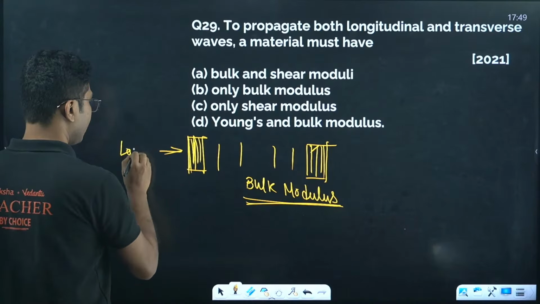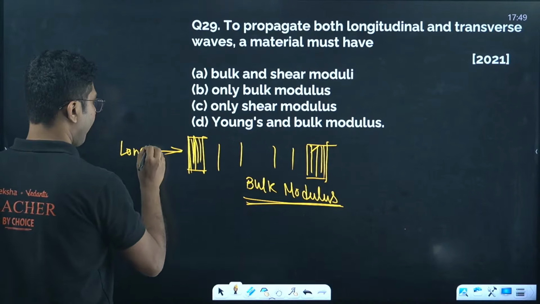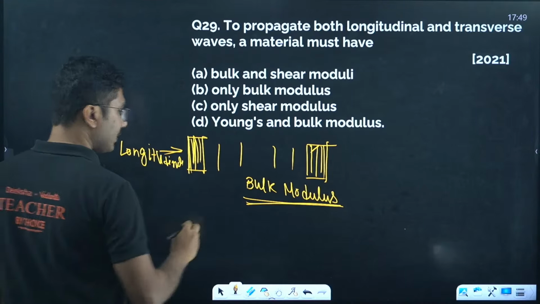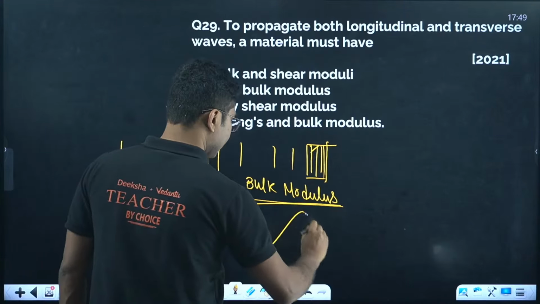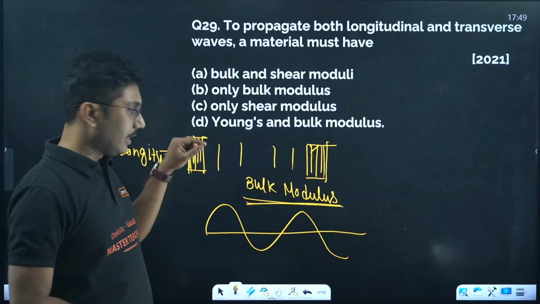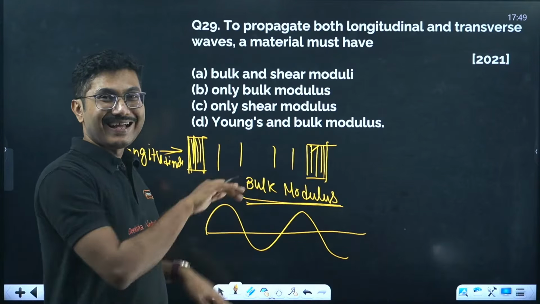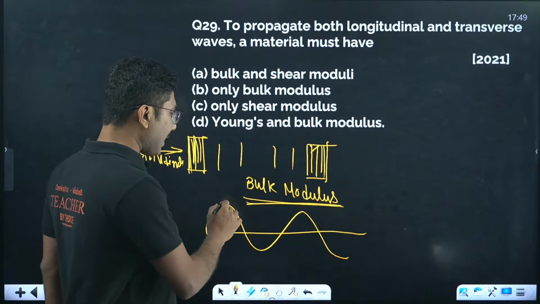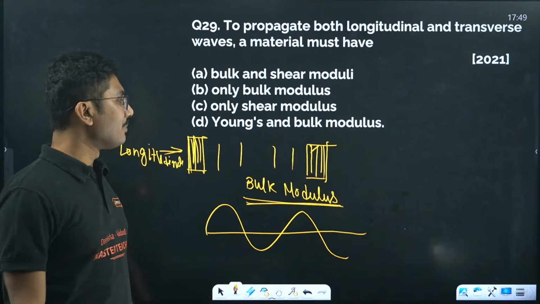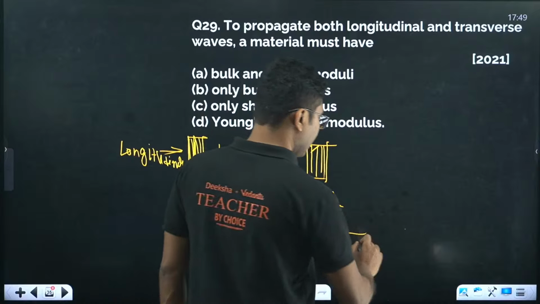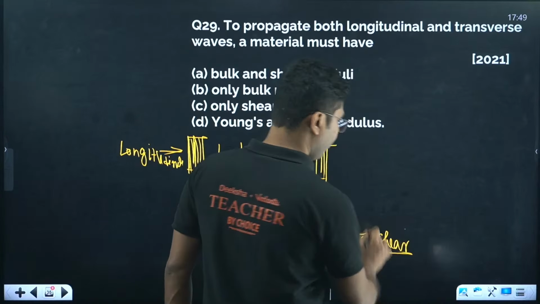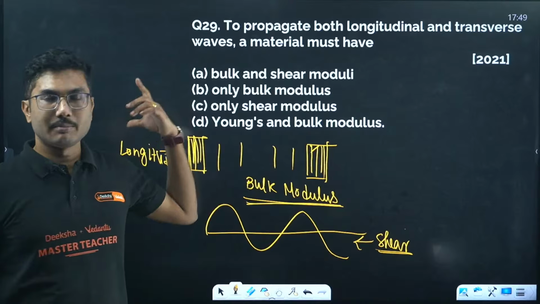This is longitudinal. What about transverse? Transverse is this. You are applying a force tangential to the wire, so it must be shear modulus. Air has bulk modulus.